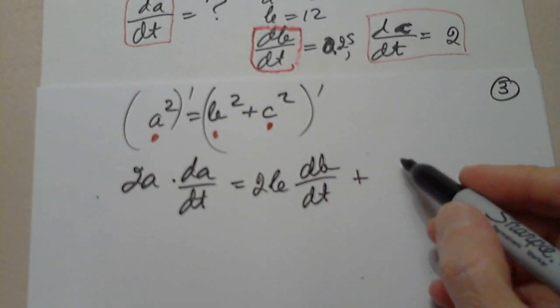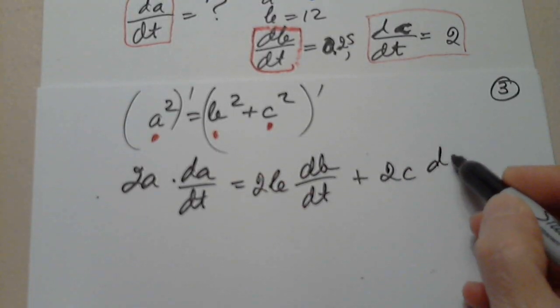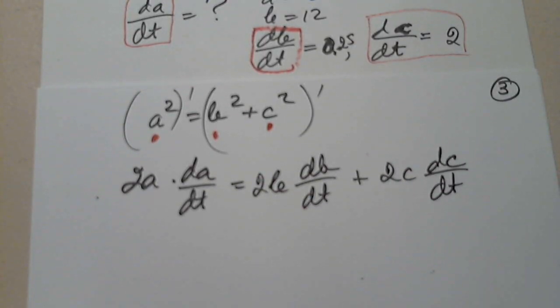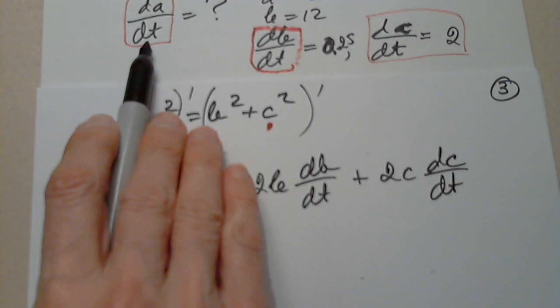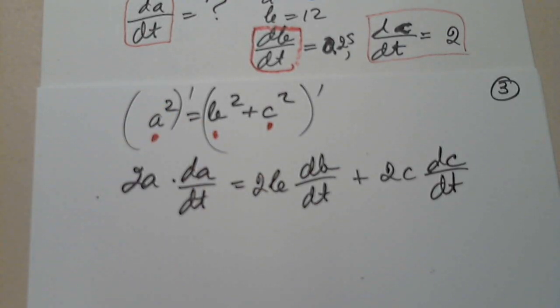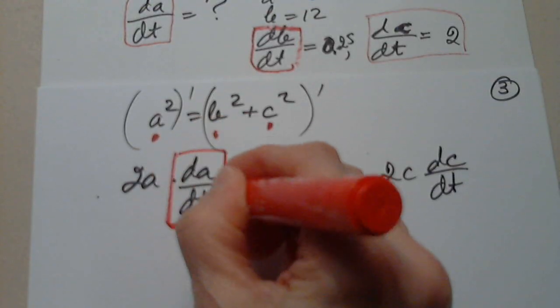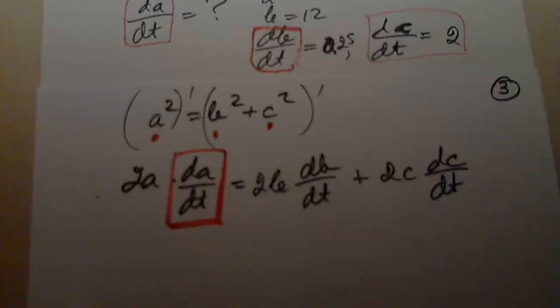Excellent. And for c squared? 2c times dc over dt. Excellent. Here's what we are after. This is the only variable. That's all they're asking us to determine. They only want dA over dt.